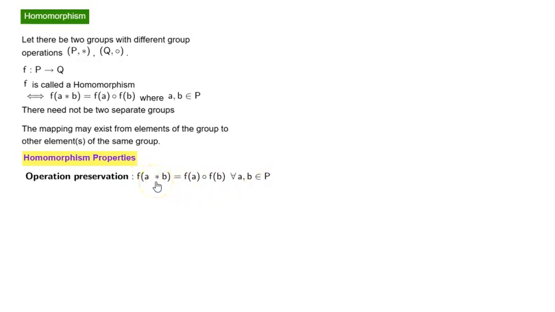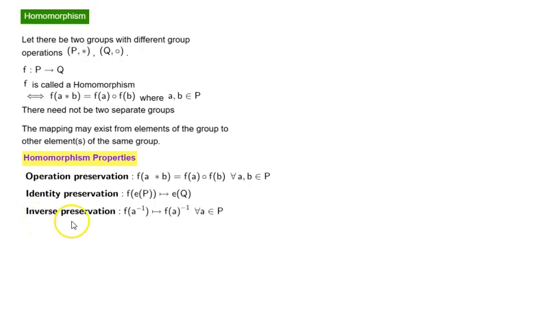So be very clear. On the left hand side, you have the group operation of the first group, and here you have the operation of the second group. Identities are preserved in the sense the homomorphism will take you from the identity of P to the identity of Q. Or in other words, F maps the identity of the first group to the identity of the second group.